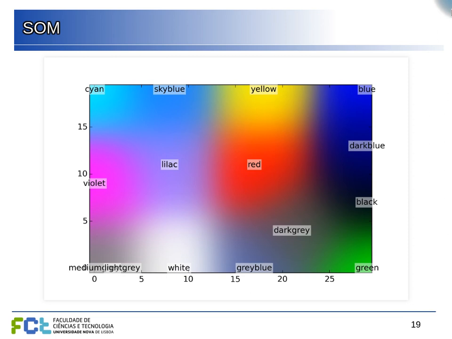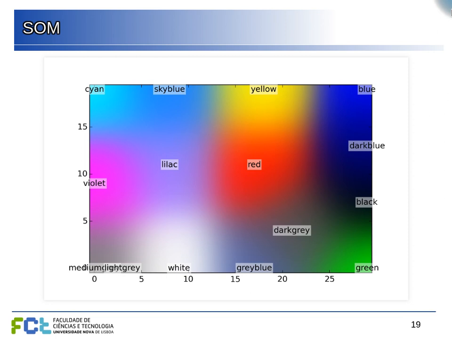So the colors are all spread out in a way that makes contiguous values have similar colors. And also then we can place the different names of the colors into the region of this grid corresponding to the closest neuron to that particular color.